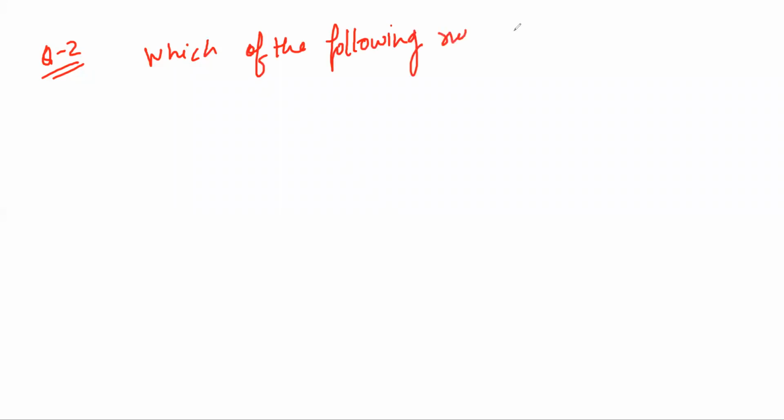Now let us do question 2. The question is saying: which of the following numbers are in continued proportion?